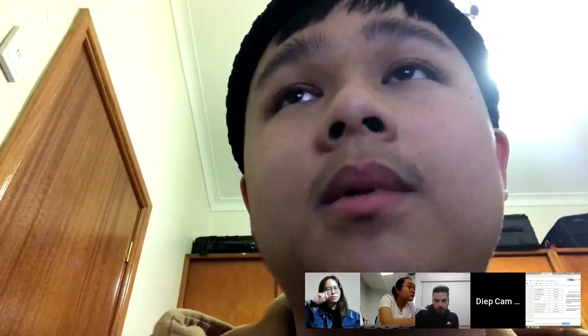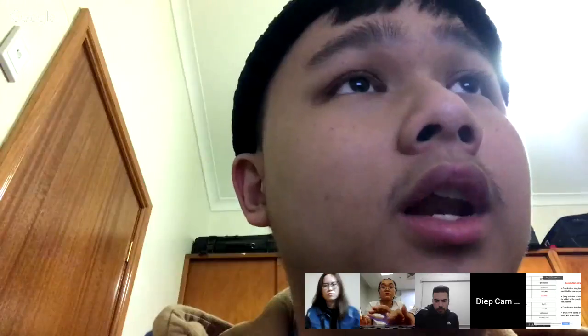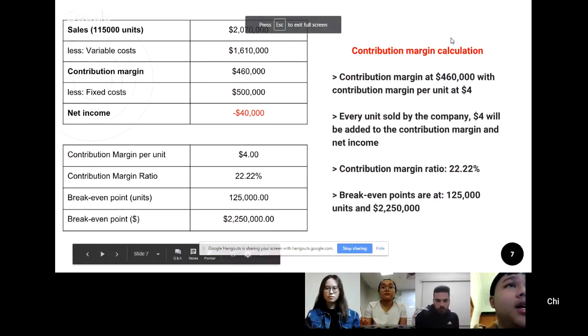The break-even point in units and in dollars is 125,000 units and $2,250,000, which means the minimum units sold and the minimum sales revenue to make sure that the company won't make any loss in the future.